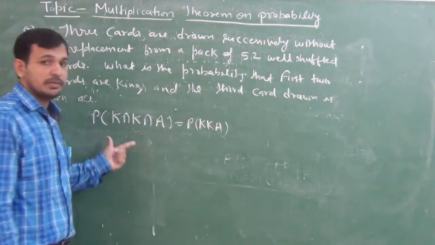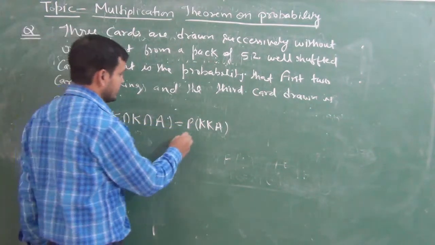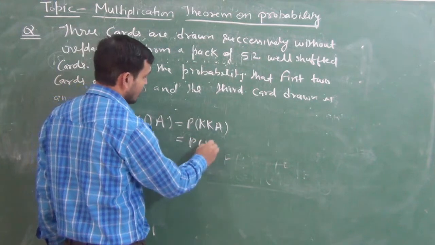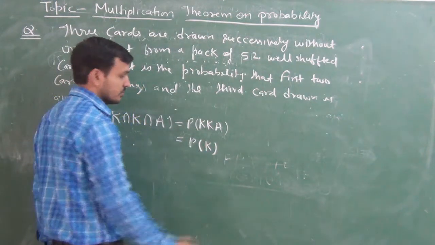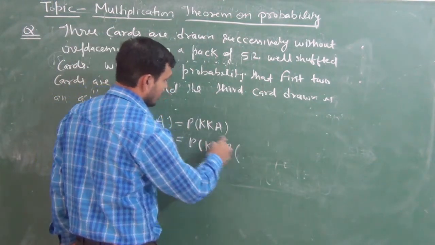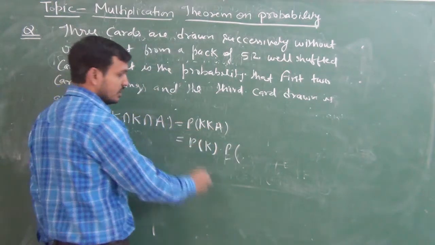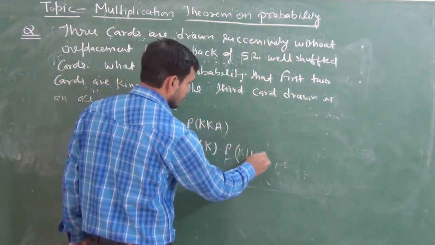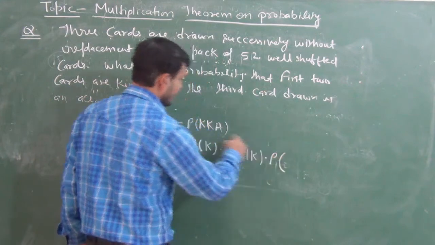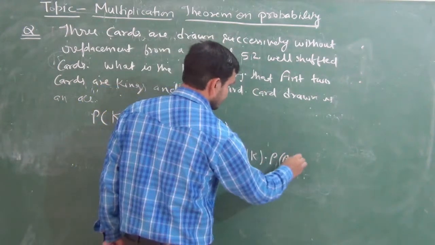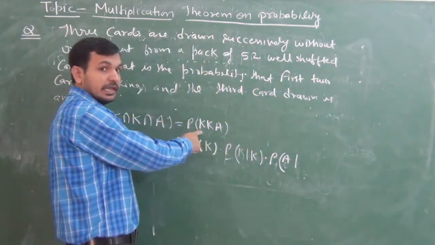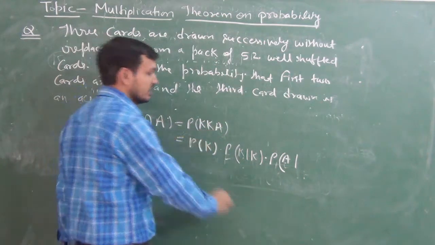When using the multiplication rule, this can be written as probability of K into probability of K when K has occurred into probability of A when K and K has occurred. It means KK has occurred.